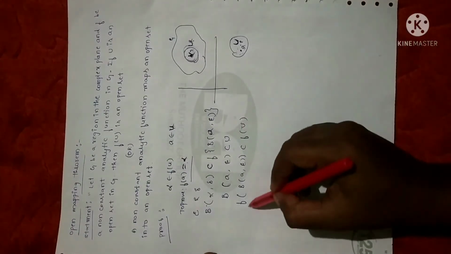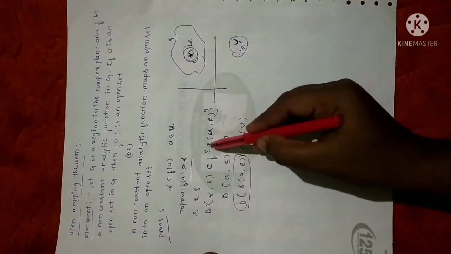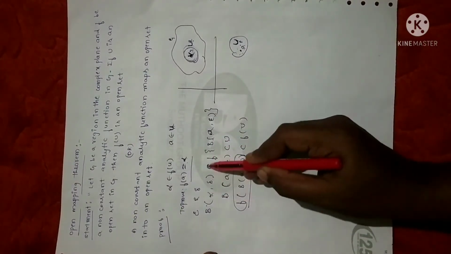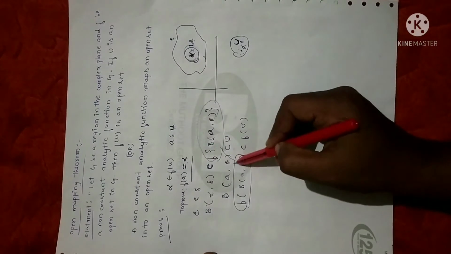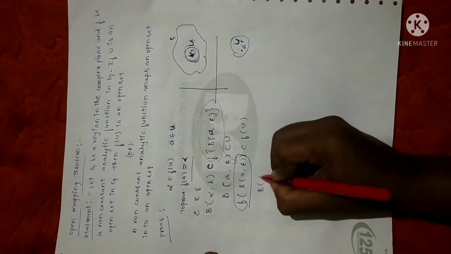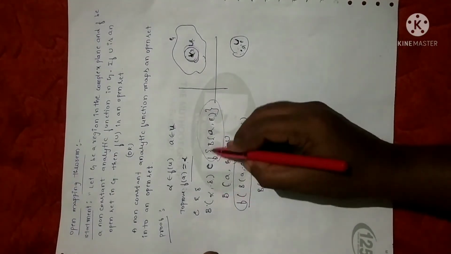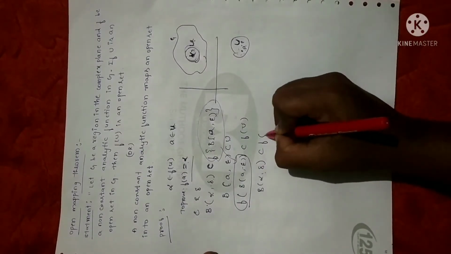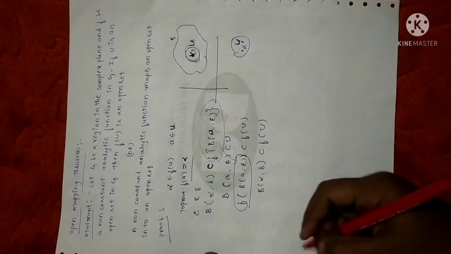Meaning is, I already know the fact that f of B of A comma epsilon contains B of alpha comma delta, which is a subset of this set. So I can replace this with B of alpha comma delta. One and the same, right? So I can write that B of alpha comma delta is a subset of f of U. Fine.